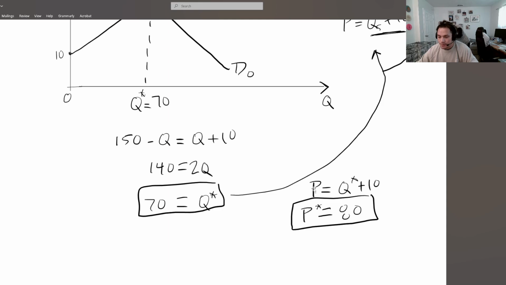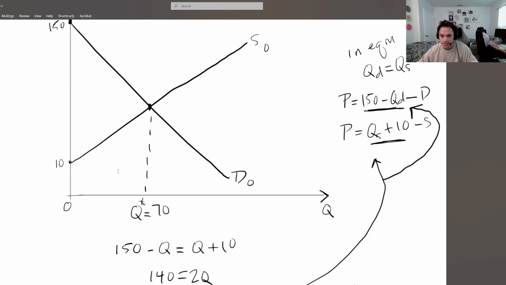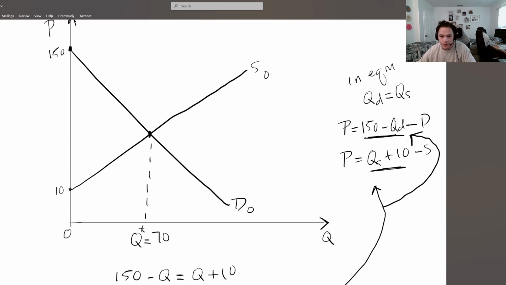I've plugged my Q star back into the supply side of my function, so I get P equals 70 plus 10. That gives me my P star, and from there I have my equilibrium price and quantity.